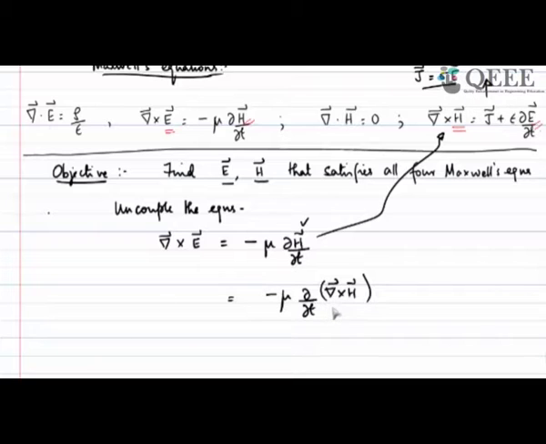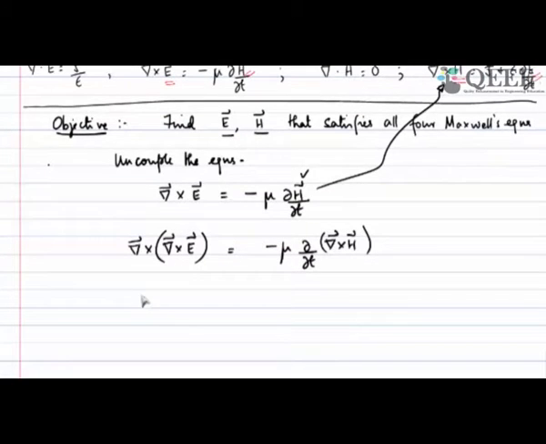But the moment I have curled the right hand side, it means that I have to curl the left hand side also, so that everything is balanced. Which is why we do this curl of E, so that I get minus mu curl of del H by del t.